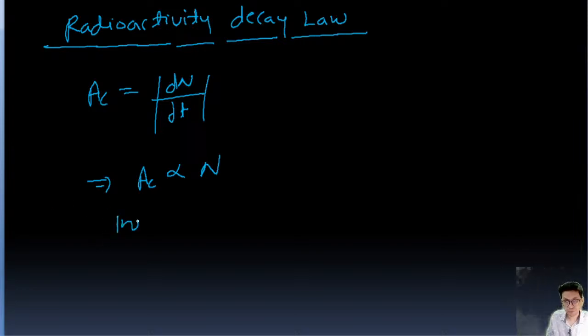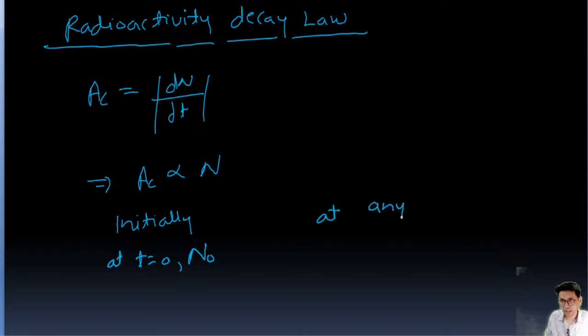Initially, at t equal to 0, there are N0 number of nuclei.